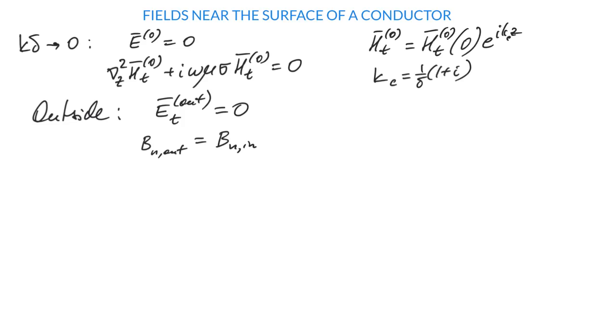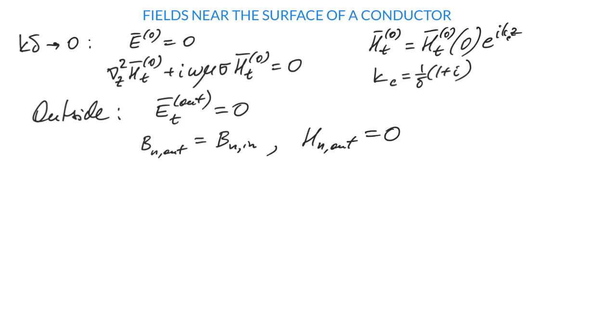And on the other hand, we know that in this limit of small kδ, the magnetic field is purely transverse inside the metal. So there is no normal component inside the metal, and therefore we find that H_n out is also 0 in this limit.